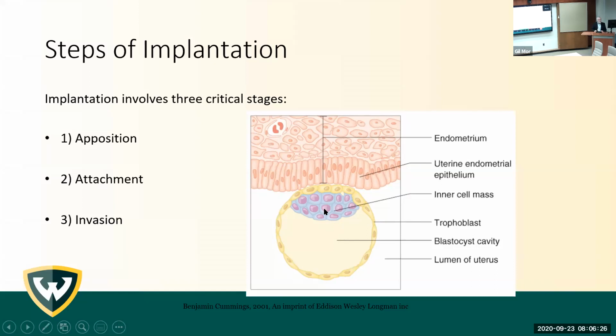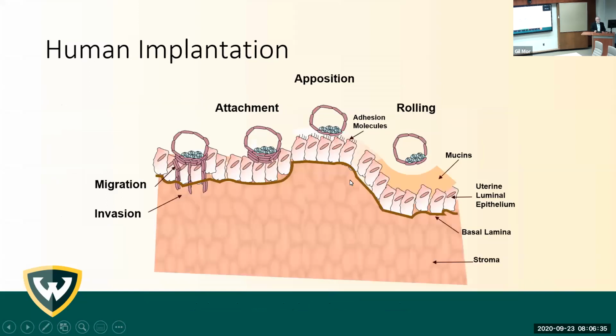And the third one is the invasion, when the trophoblasts start migrating out of the blastocyst and penetrating into the endometrium.